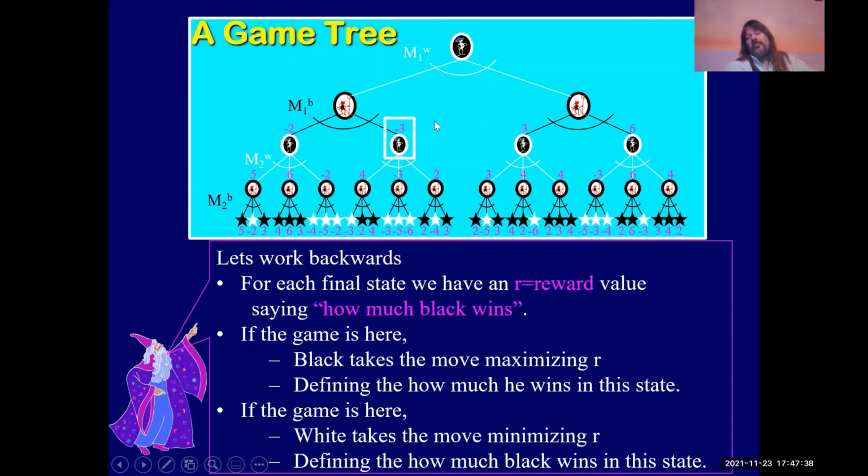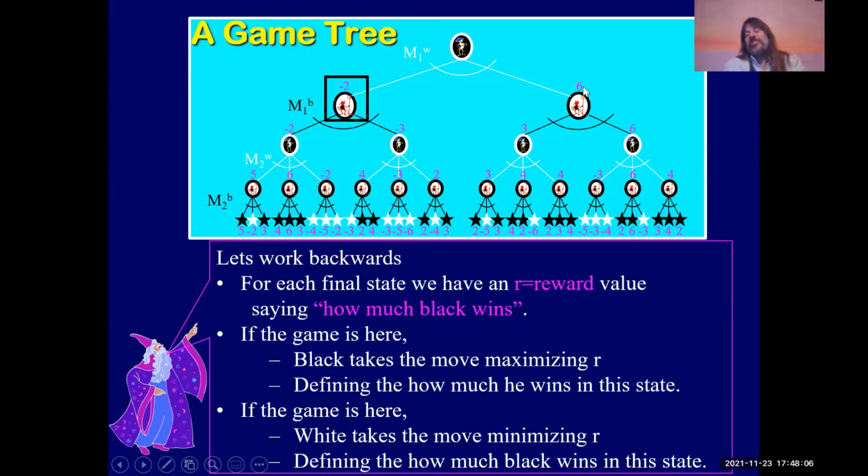Oh, look, it looks like I took the maximum. In this case, I took the minimum wrong, right? That should be a -3, so ignore that 6. It's really a -3. All right.